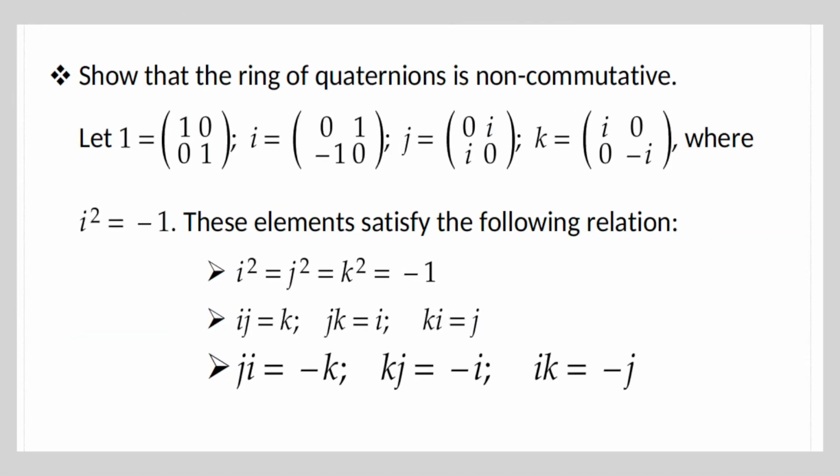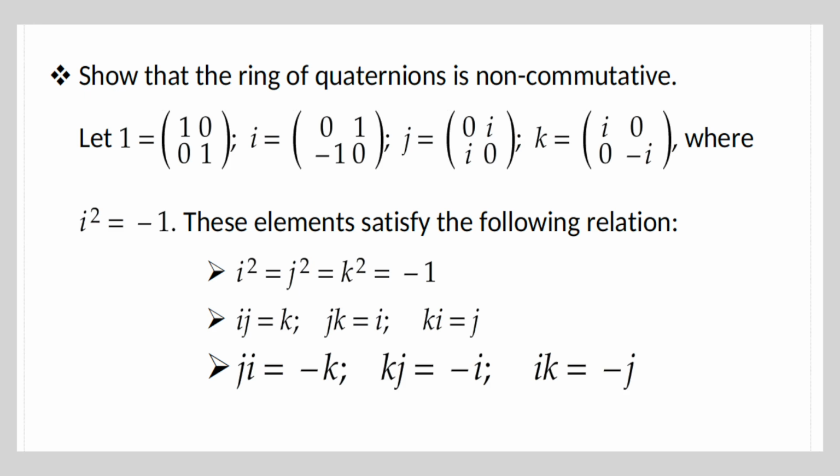Show that the ring of quaternions is non-commutative. Let 1 equal to [[1,0],[0,1]], i equal to [[0,1],[-1,0]], j equal to [[0,i],[i,0]], k equal to [[i,0],[0,-i]], where i square equal to -1.